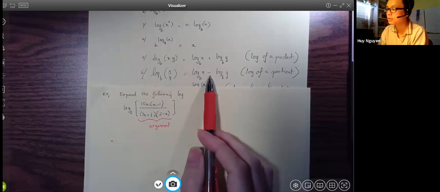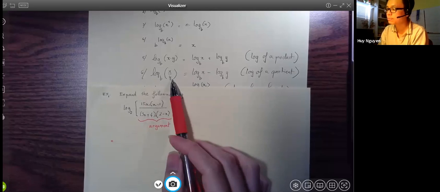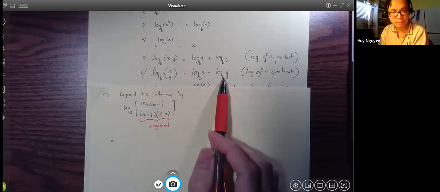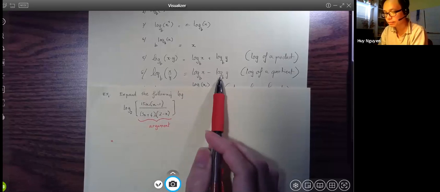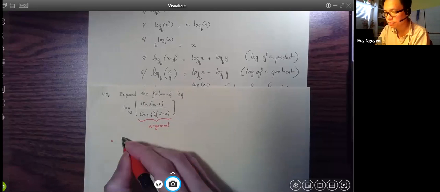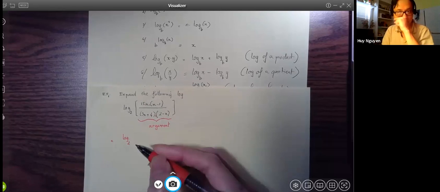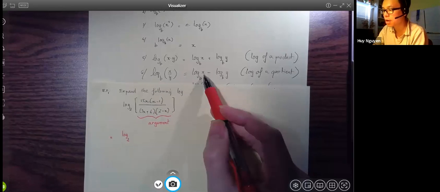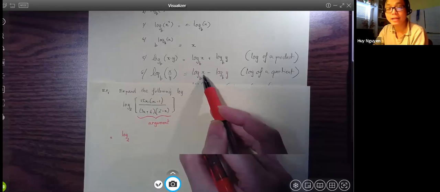Same thing over here, so I'm going to expand it. I'm going to put log base 2 of the top.